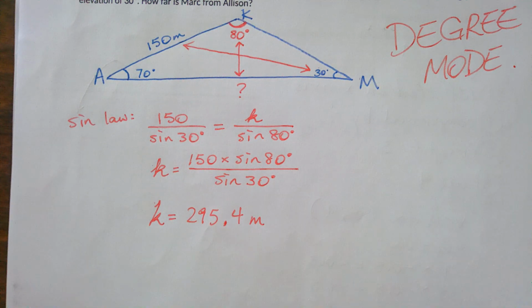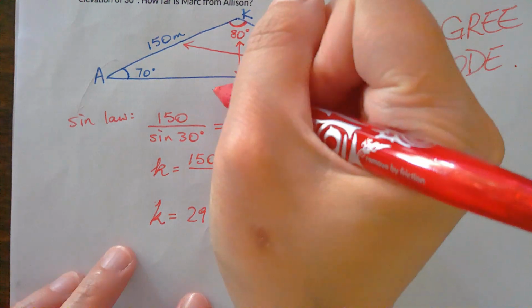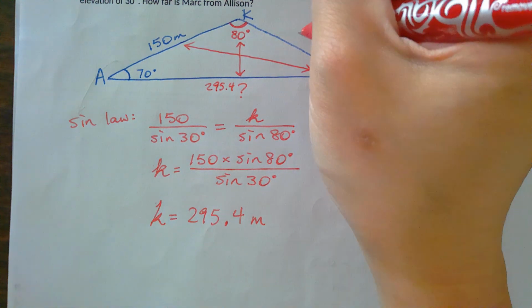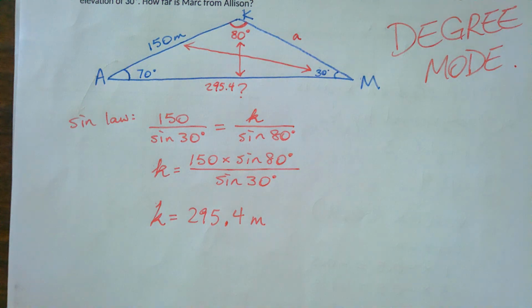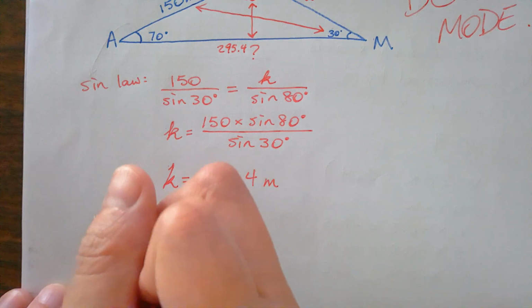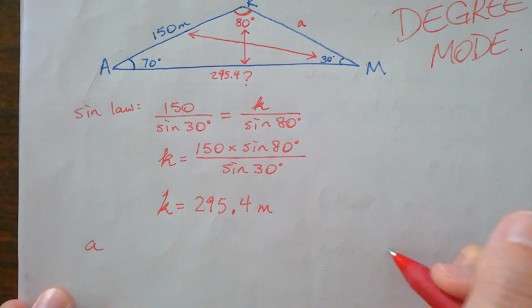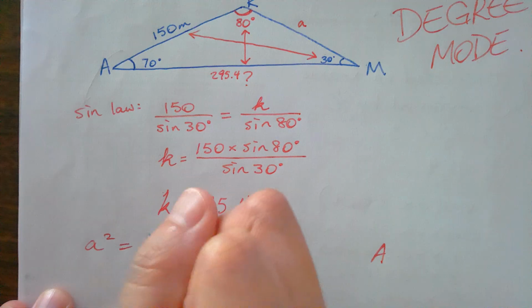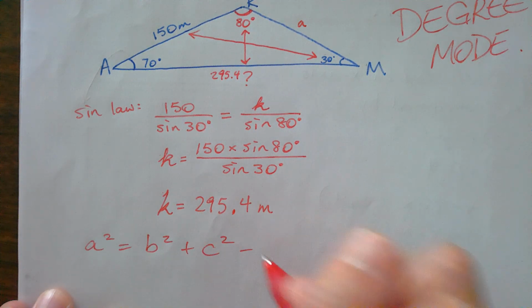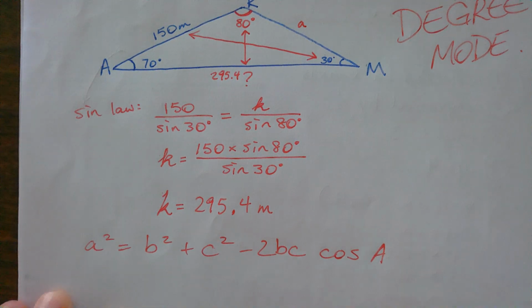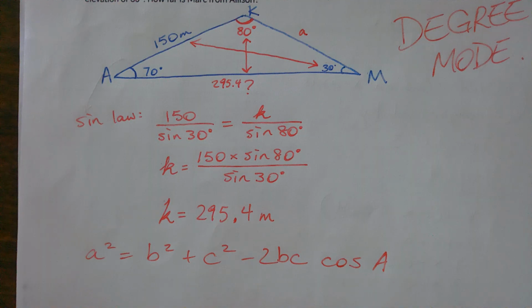For the sake of the review, now that we know this is 295.4, if I were to use the cosine law to find length A, what's my formula? A squared equals B squared plus C squared minus 2BC cosine A. Do we know angle A?